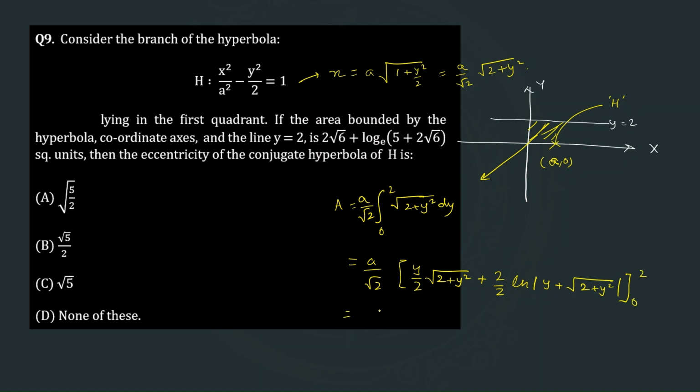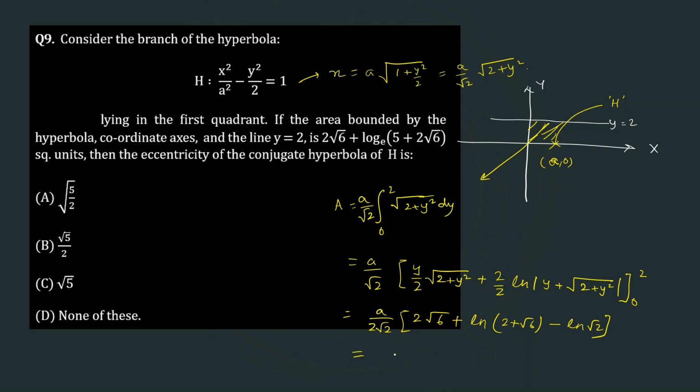So this is equal to a by 2 root 2, and if we put the limits, this will be 2 root 6 plus log of 2 plus root 6, and then if we put limit 0, it will be 0, and this will be log root 2.